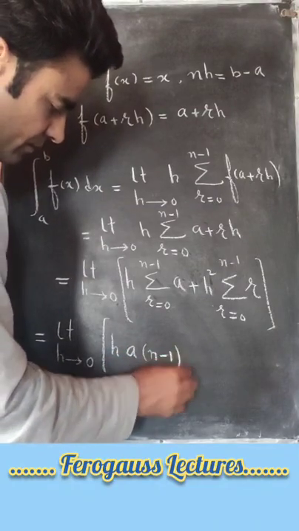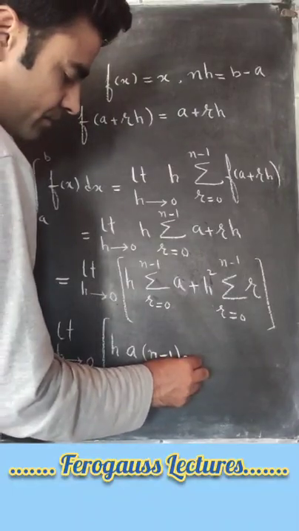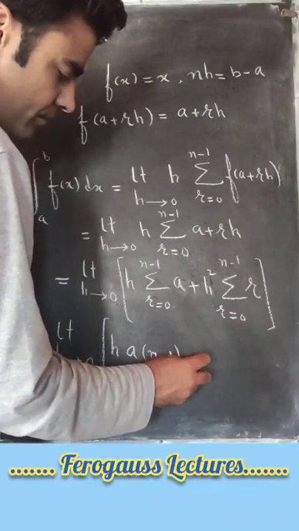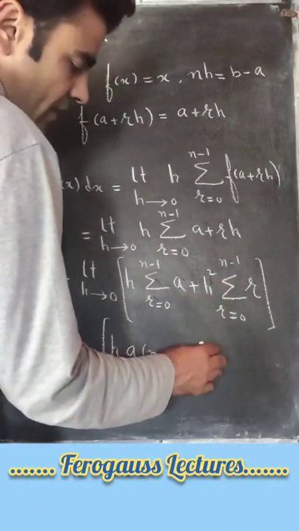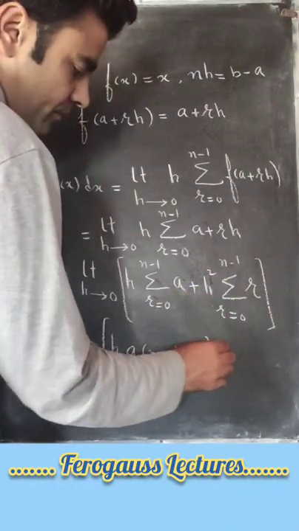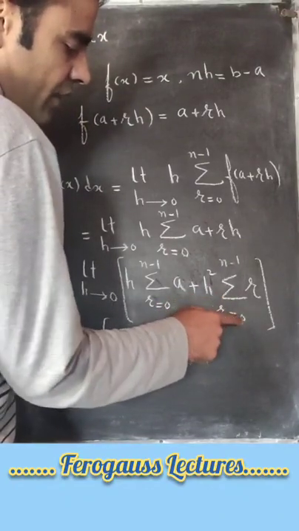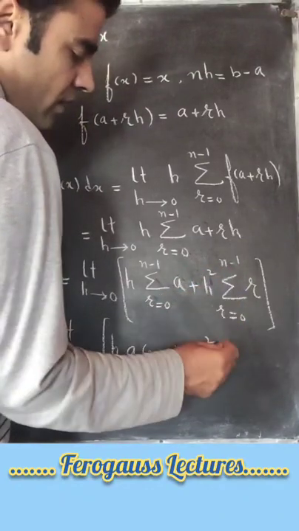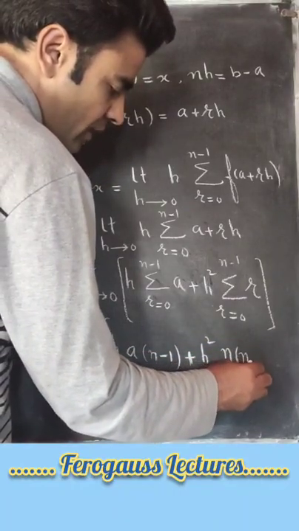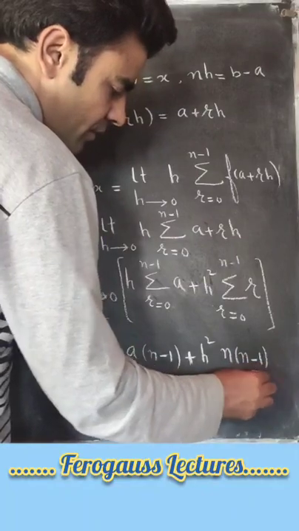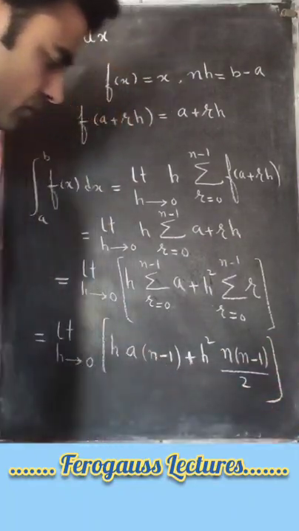Then we have plus h square. Now we have summation r running from 0 to n minus 1 of r. This is equal to n into n minus 1 divided by 2.